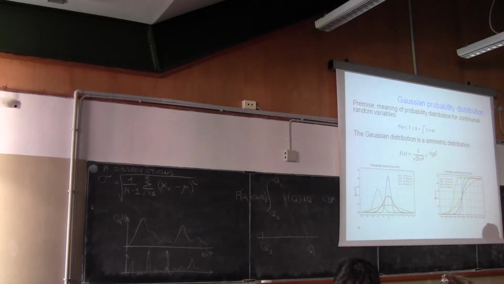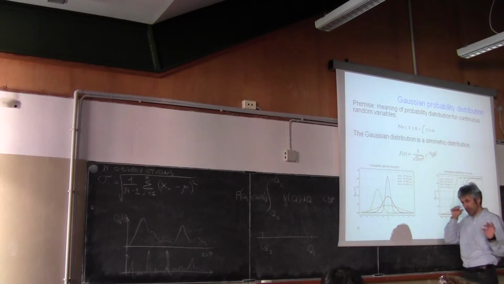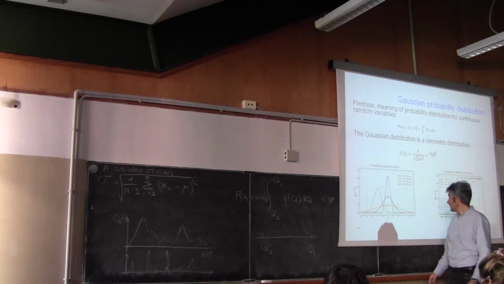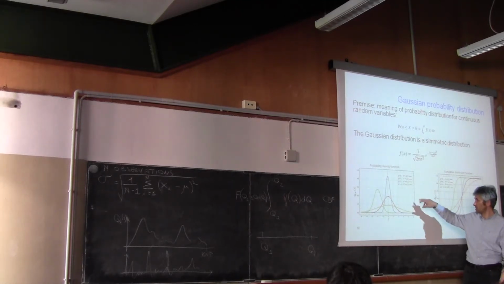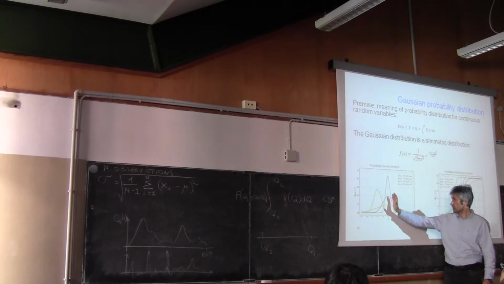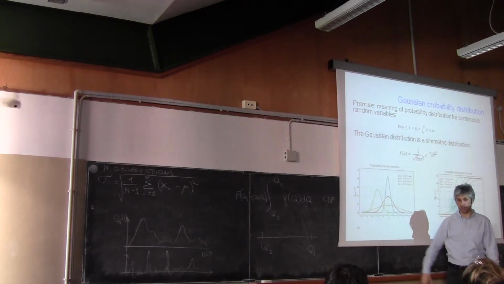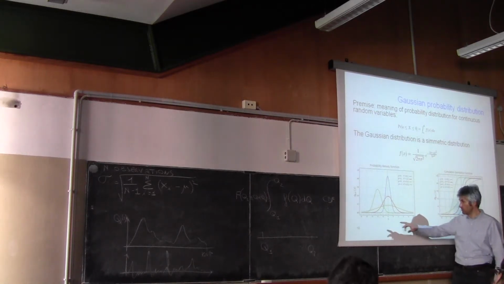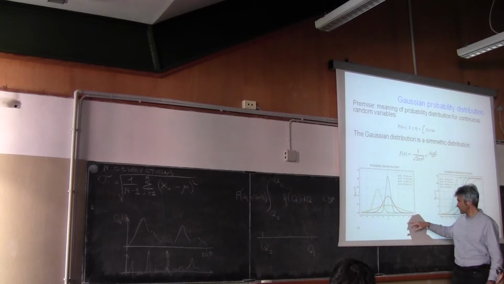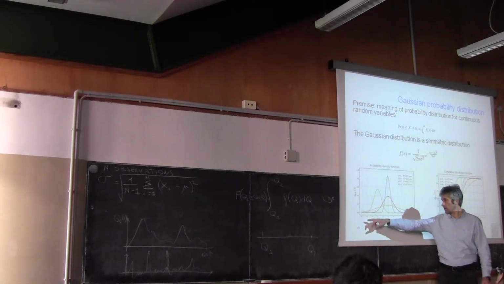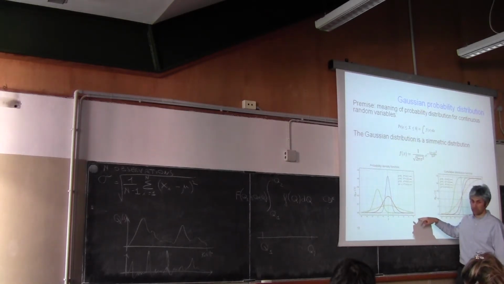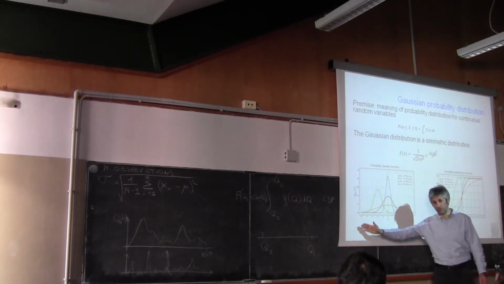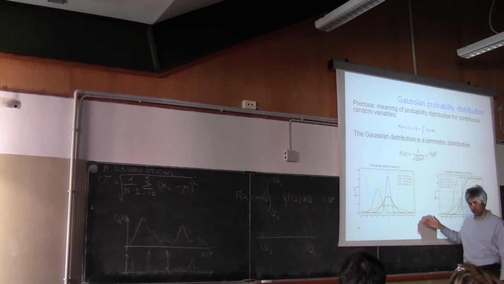Good. Now, two parameters, as I said. And here you can see some shapes. First of all, let's forget about the green curve so far. Let me note that on the x-axis, we have data from minus infinity to plus infinity.